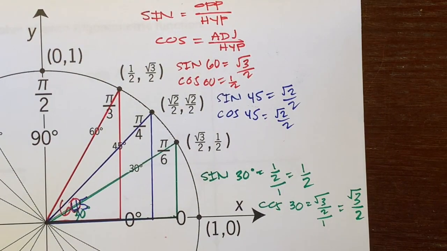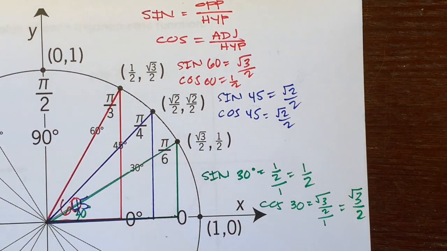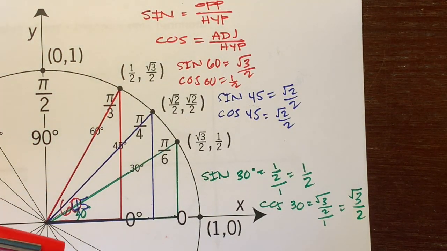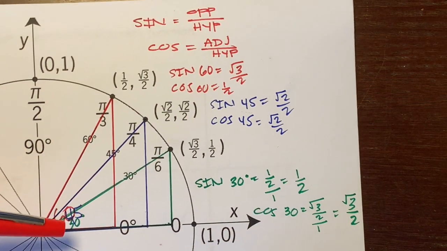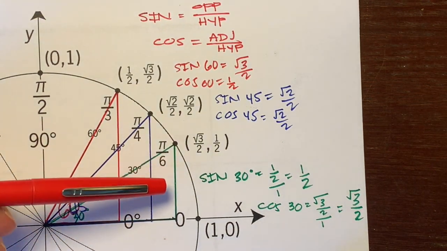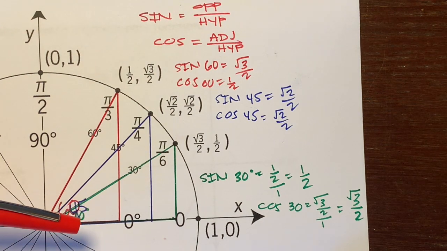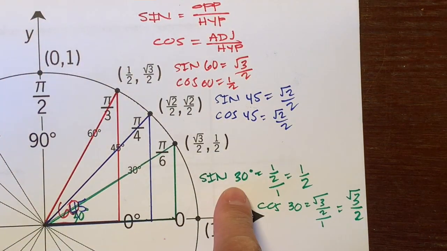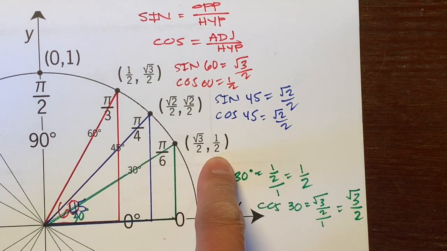So do you guys see a pattern there? I hope you do. The pattern is, what's sine really represented by? Well, it's opposite over the hypotenuse. Hypotenuse is always 1, so really the sine is just the y value. Look here, the sine of 30 is just this y value.